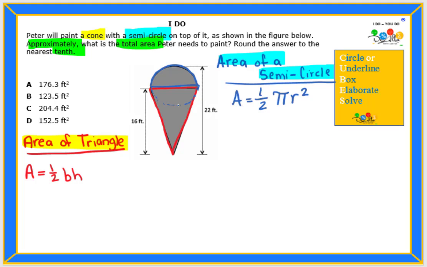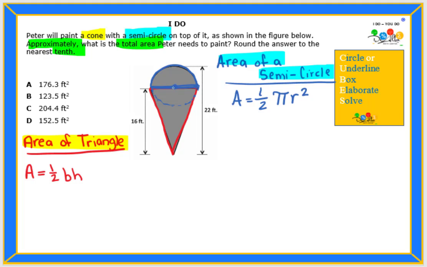If it was a full circle, then this line right here would represent the diameter. But we don't know what that is. However, what we do know is that from the bottom of the cone to that point, it's 16.